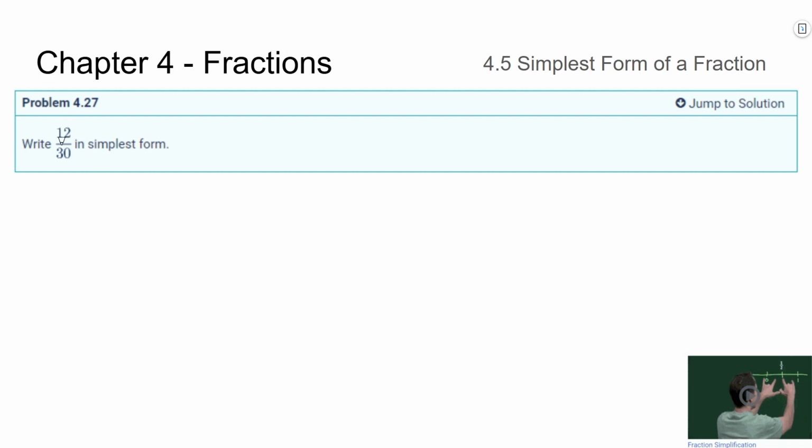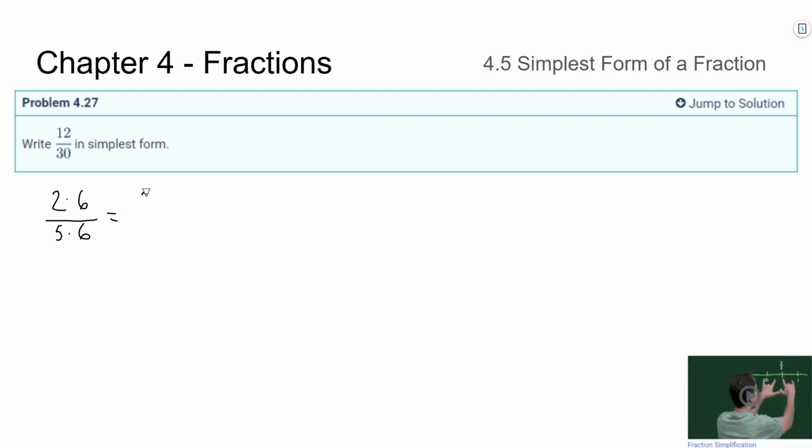So anyways, these are both even numbers, so we could just break this down, dividing by 2 at a time. You might also recognize that these both have a common divisor of 6. So let's go ahead and try that. 12 is the same thing as 2 times 6, and 30 is the same thing as 5 times 6.